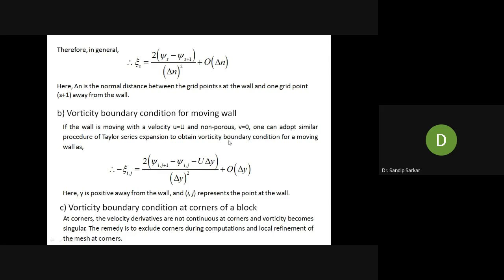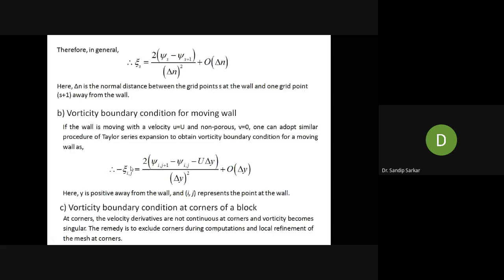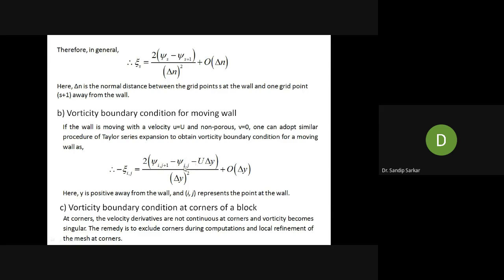This has been left as an exercise, and if you perform a similar kind of analysis for a moving wall, you will obtain an expression for vorticity at the wall as 2 (psi ij plus 1 minus psi ij) minus 2 u delta y by delta y square plus order of delta y, where psi ij is the stream function value at the wall, and psi ij plus 1 is the stream function at a vertical distance delta y from the wall.